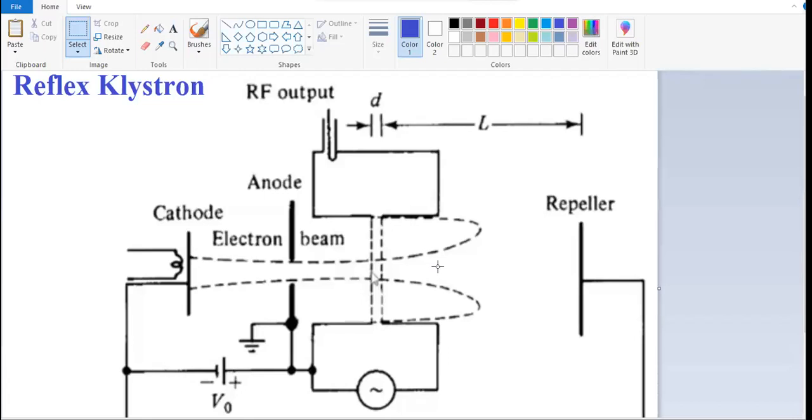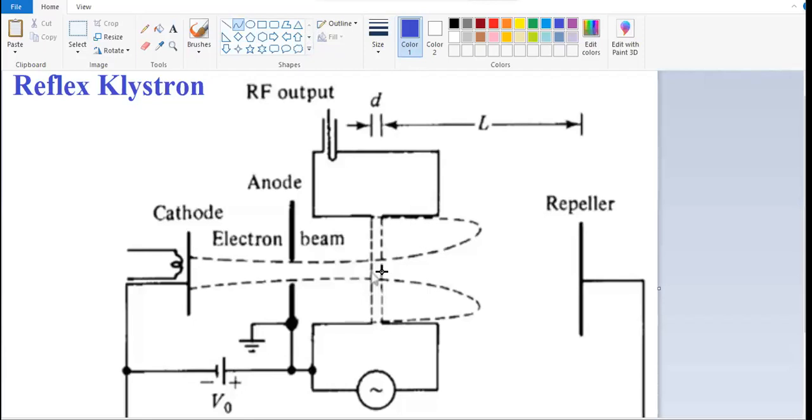So velocity modulation, as I explained just now: if I consider three electrons, at zero, at the positive up cycle peak, and at the negative up cycle peak, what happens?